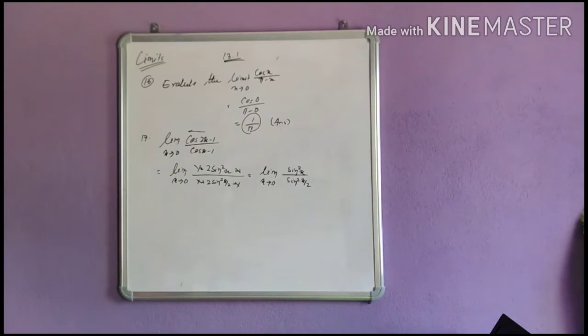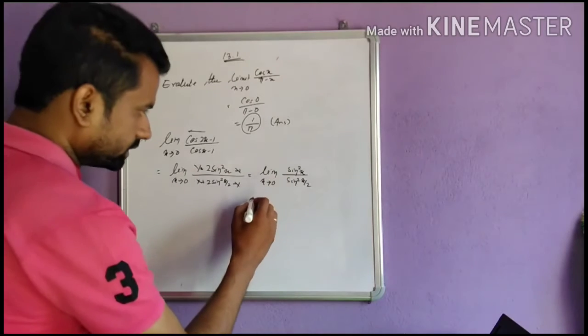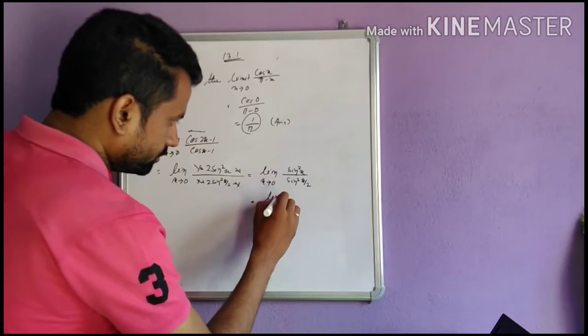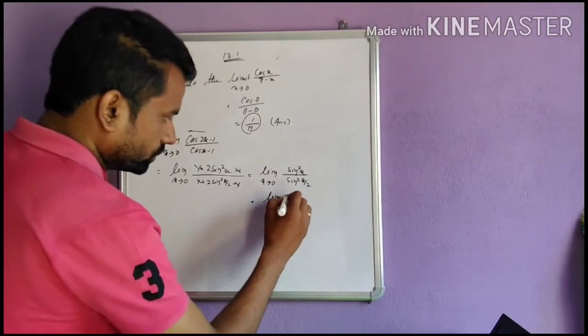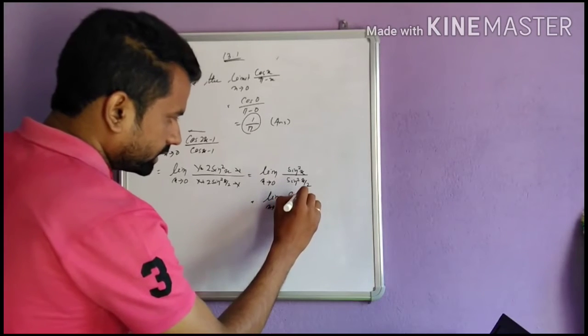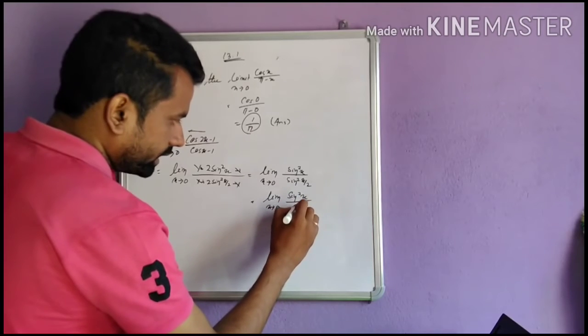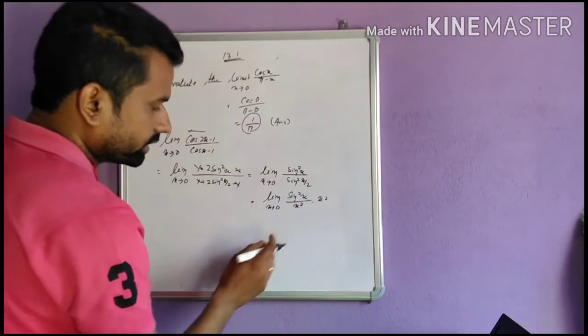So sin square x by 2. Then you should write limit x tends to 0, sin square x by x square into x square.